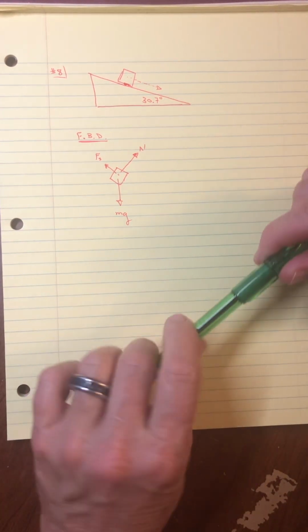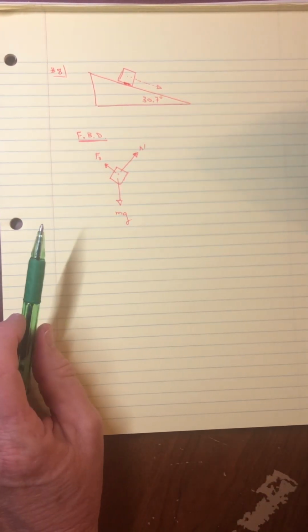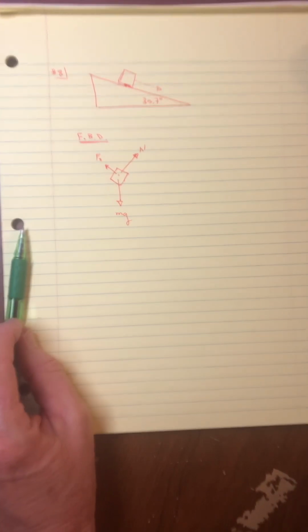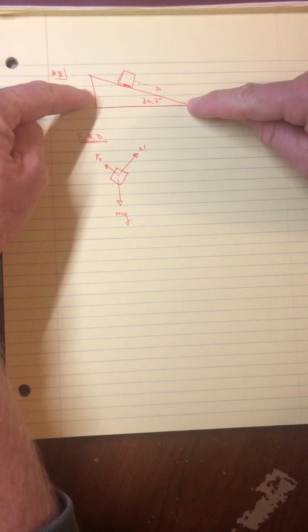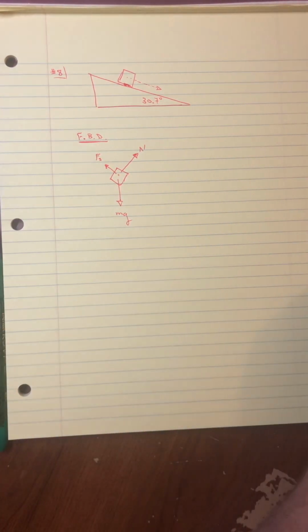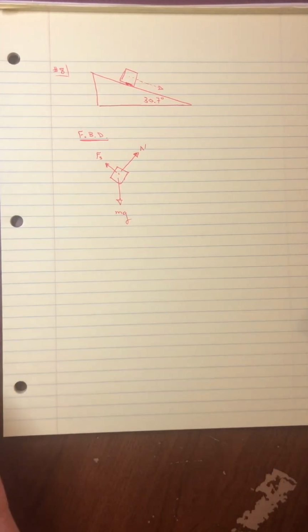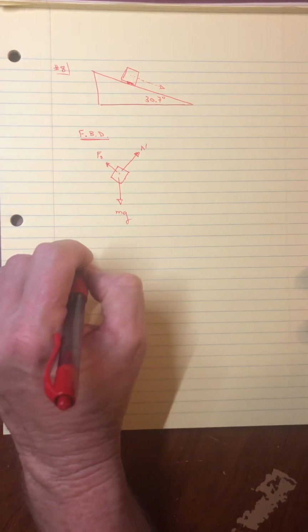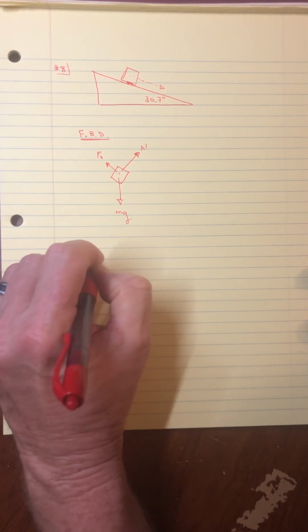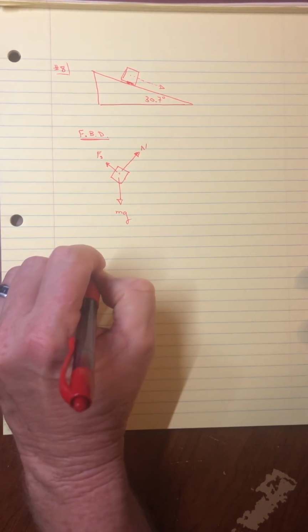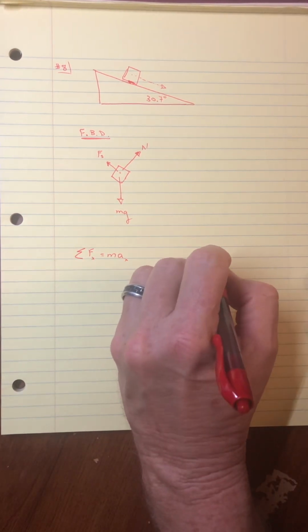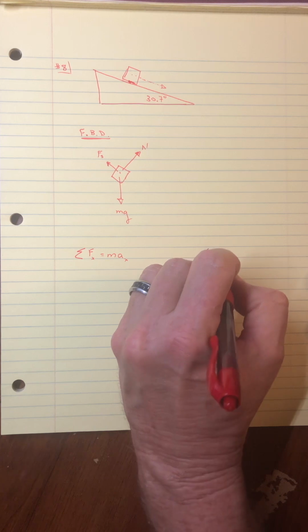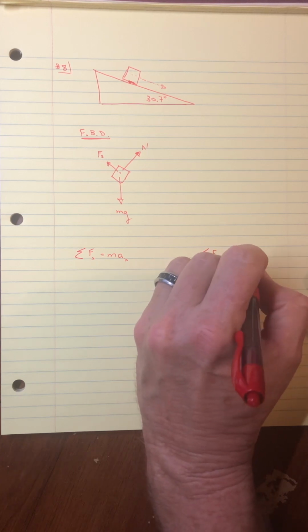Now, anybody who's watched me do these in the past will know that I say that there's 4 steps to this. The first one is get a good physical picture of what's going on, and the second is to draw a free body diagram. And then the third one says write out the equations. And so I will write out the equations for Newton's second law.